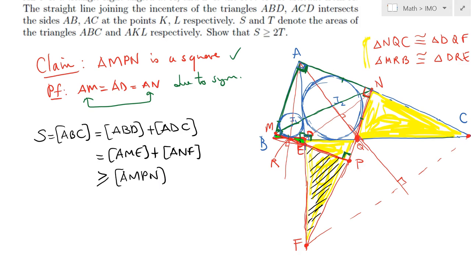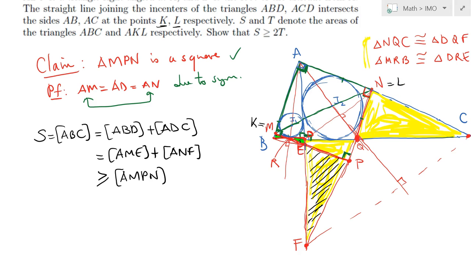Now we are about to finish. Notice that by the construction of the problem, the point M is in fact the point K by this definition, right? The straight line joining the incenters of the triangles would hit AB and AC at K and L. So this is actually point L here.